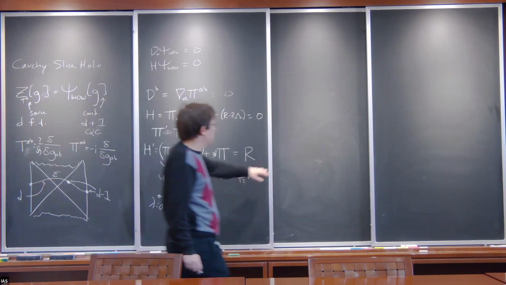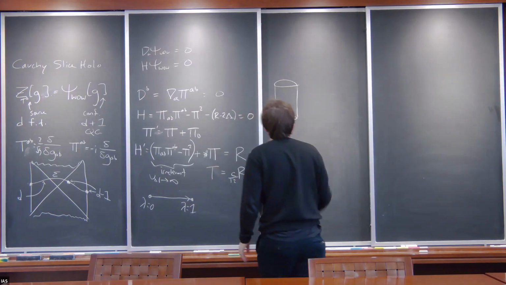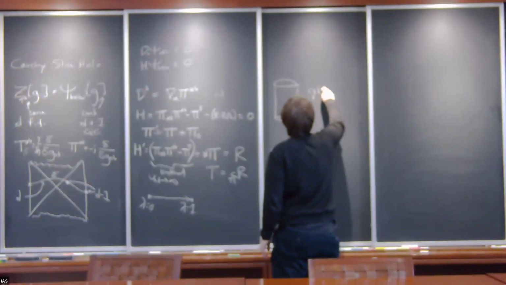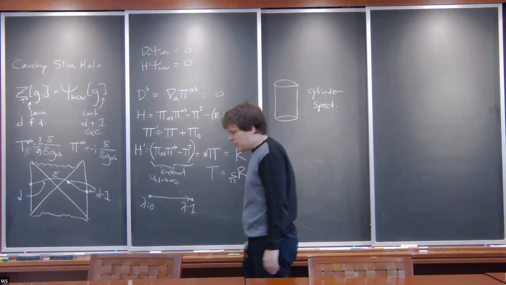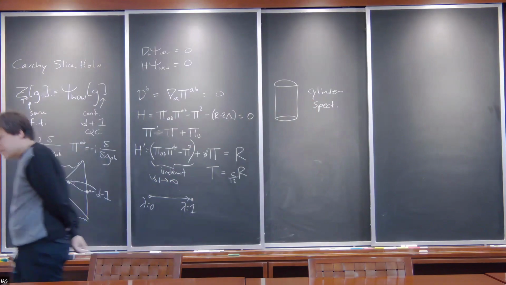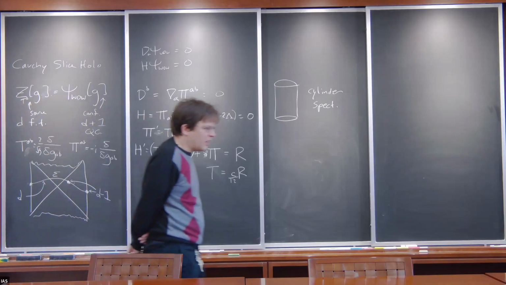You can get the exact spectrum, because it turns out that the energy eigenvalues obey a differential equation that does not mix different energy eigenvalues. So there's a clever argument by Zamolodchikov.